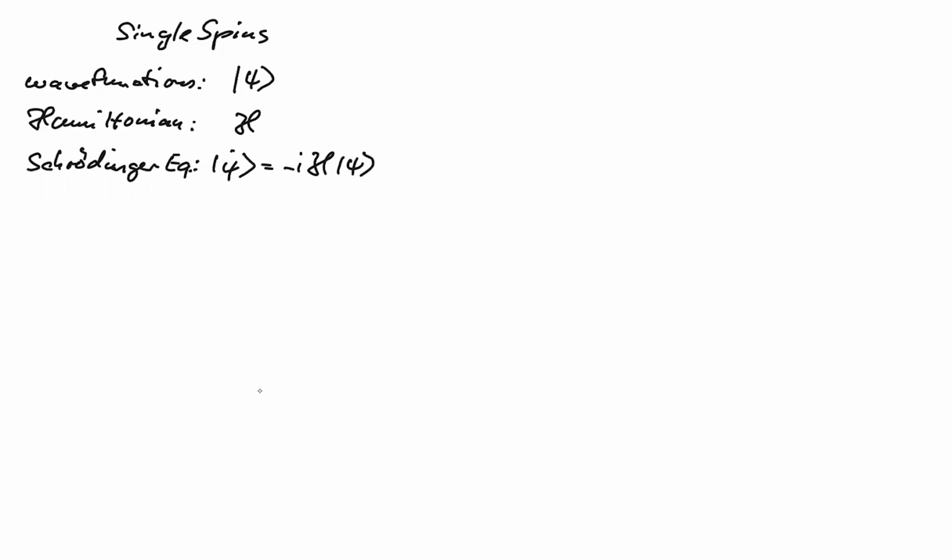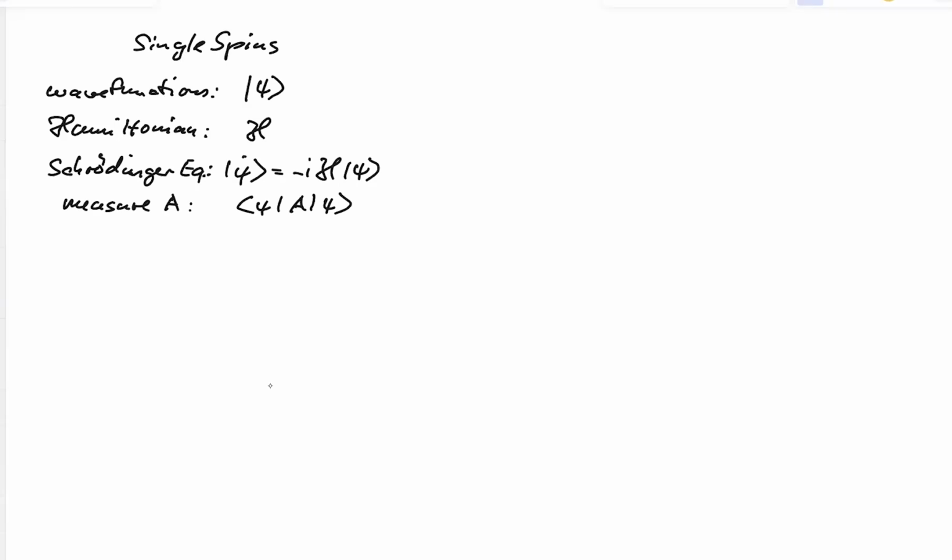And in this case, any measure A is described by the bra psi times some matrix representation of A times the ket psi, where we use the bra-ket nomenclature for describing the adjoint vector as the bra and the column vector psi as the ket.